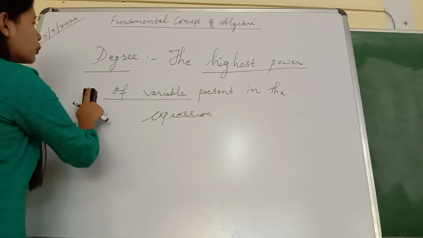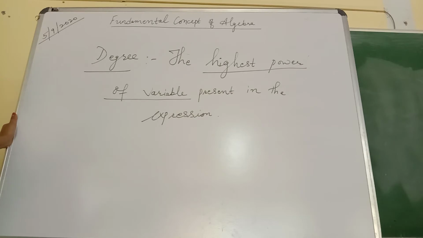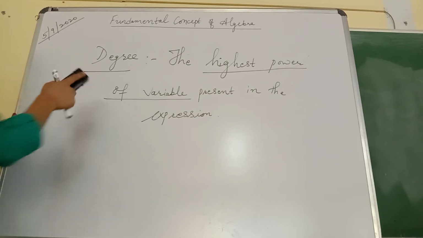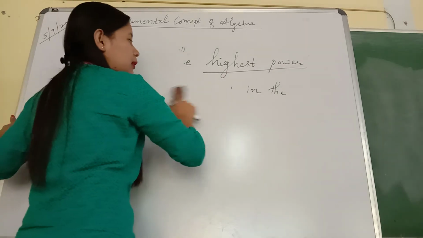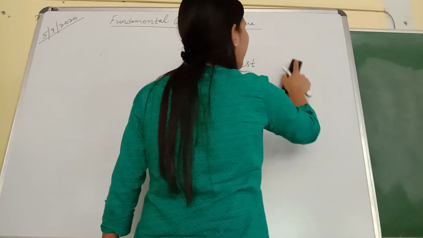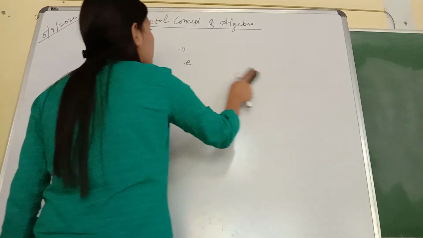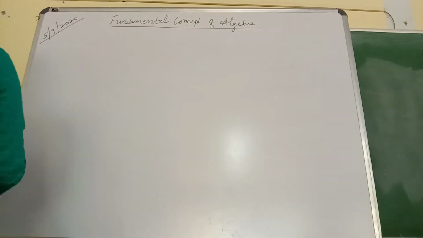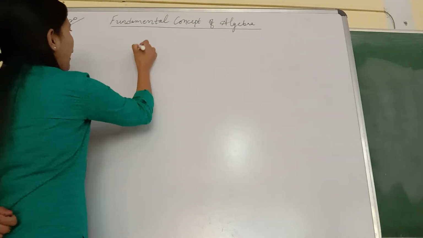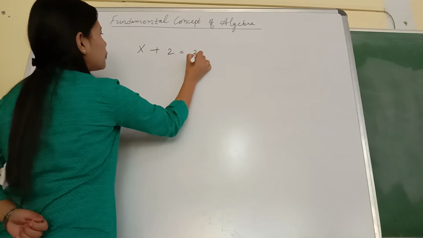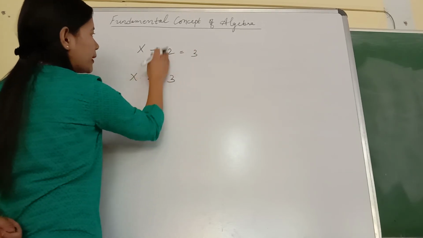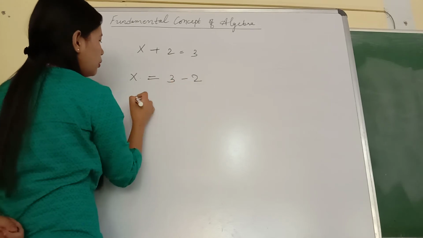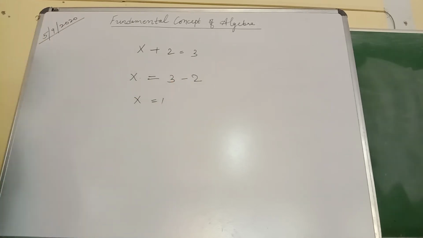The third thing we will learn is what the value of an expression is. Remember, children, the variable can take different values in different situations. Suppose I have x plus 2 equal to 3, then x equals 3 minus 2, so x will be equal to 1.